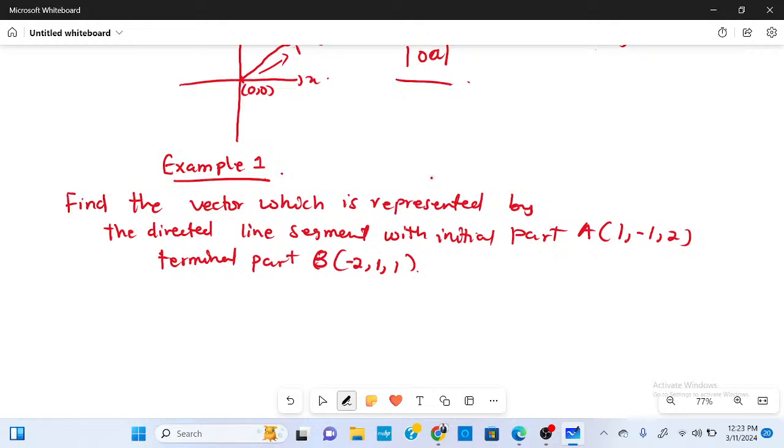It says find the vector which is represented by the directed line segment with initial point A and terminal point B.